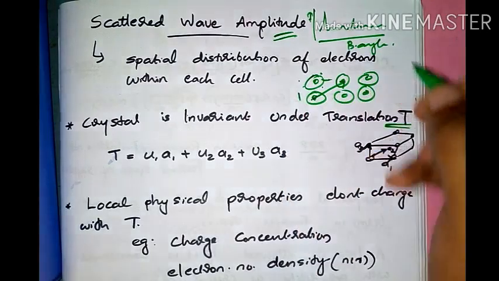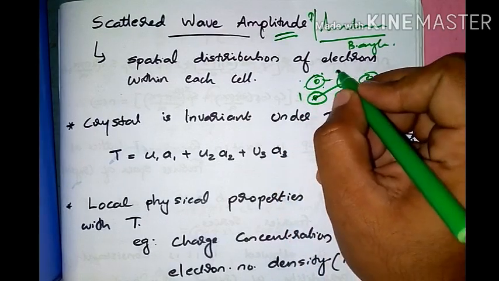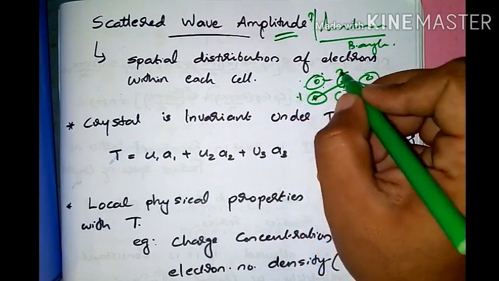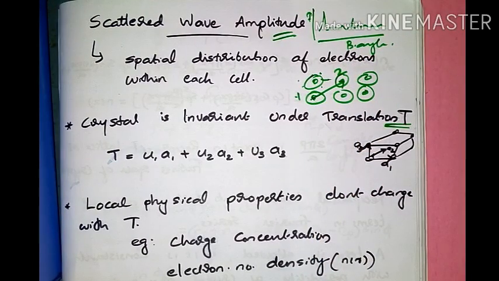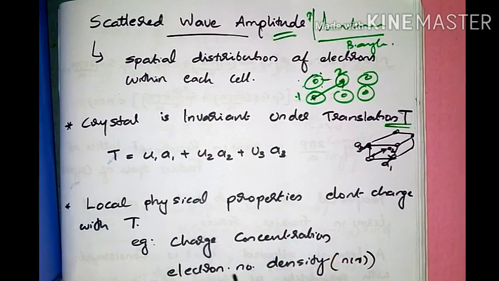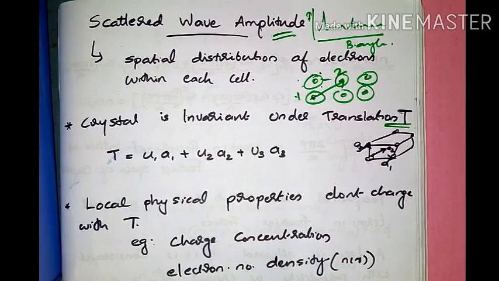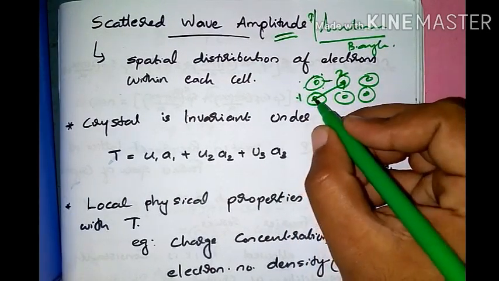T takes us from this lattice point to this lattice point, from 1 to 2, and both 1 and 2 should have identical environments, like charge concentration or electron number density. All these properties must be conserved while taking a translation operator.